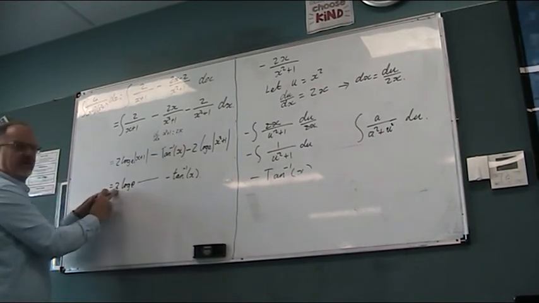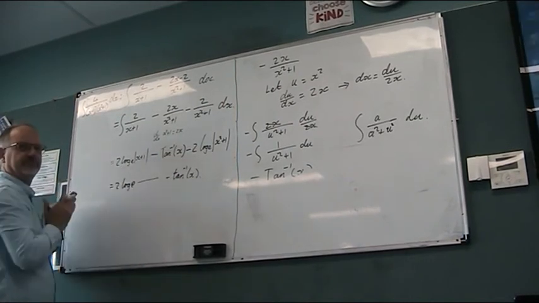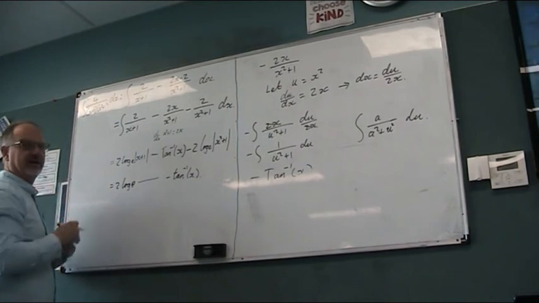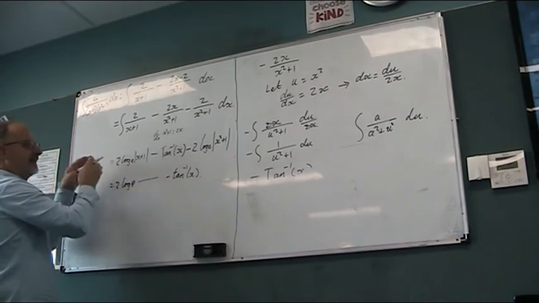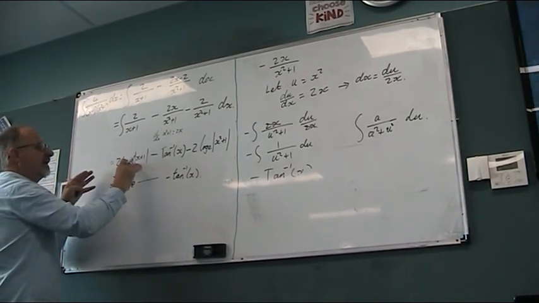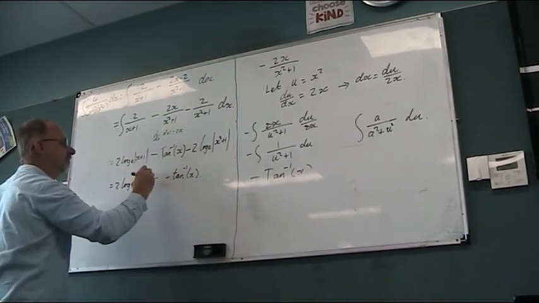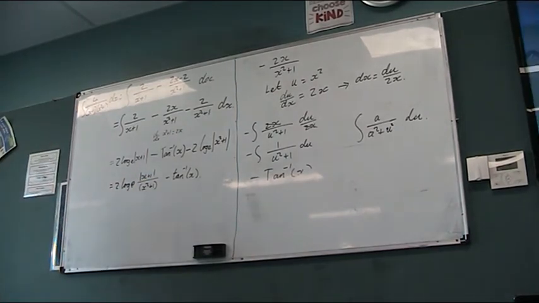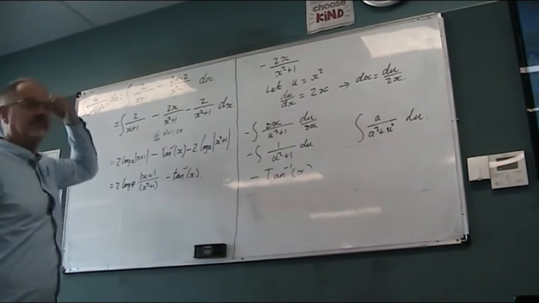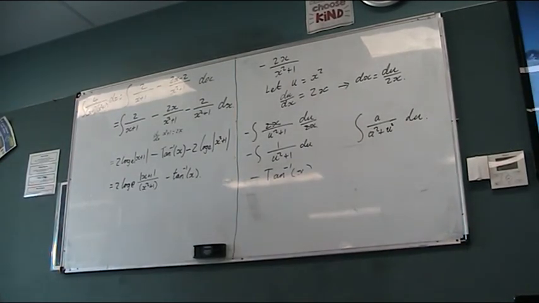The 2's the common factor, so I'll put it at the front. If they weren't a common factor, you wouldn't be able to combine it. So I've moved those two things next to each other, taken the 2 out as a common factor, and then that over that. Why did you change it from minus to plus? Because it's minus 2 here. But what about the minus in front? That was already there.